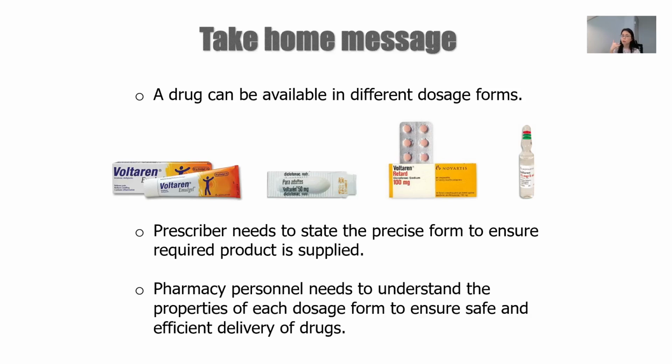So the best option of dosage form may be to supply the gel, the external preparation in gel form, for the patient to apply on the muscle. So we must understand the different types of dosage forms, and also the advantages and disadvantages. Only then can we make recommendations to the doctors and also the patients.